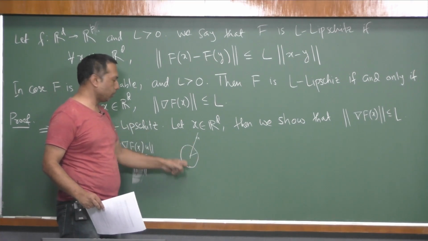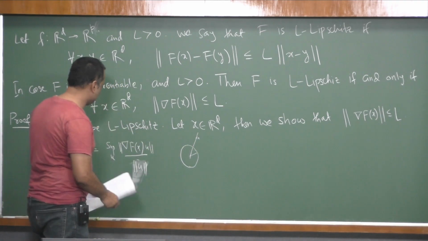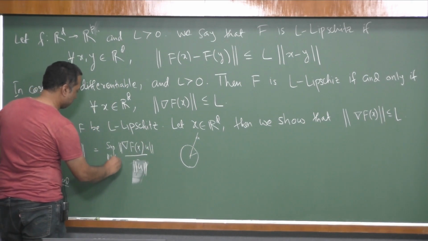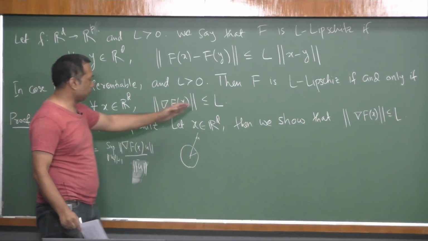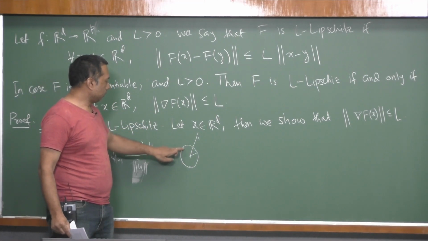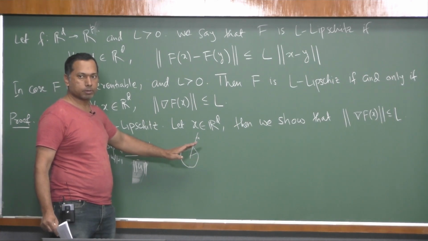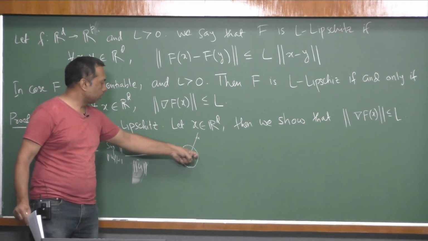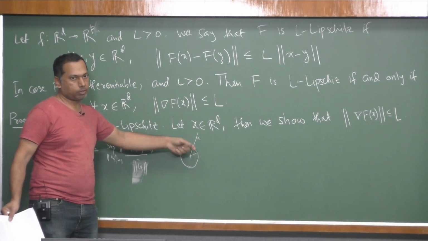We don't have to do it for all u. It is enough that I restrict my vectors to where norm of u is 1, because at the end of the day only direction matters. Direction matters, and the u that are on the unit sphere, that is enough.